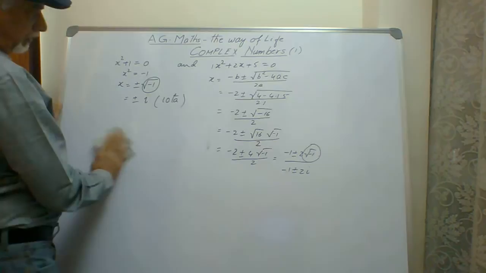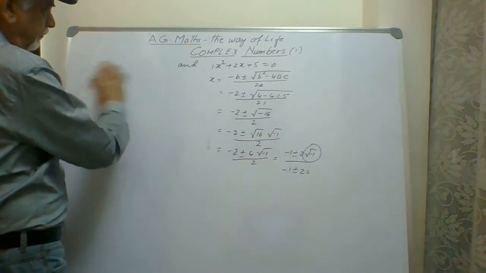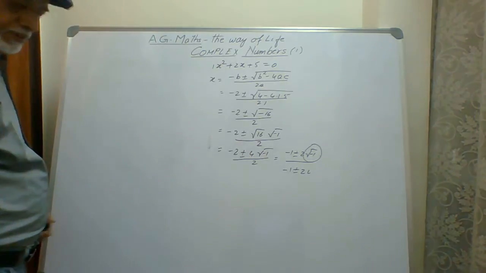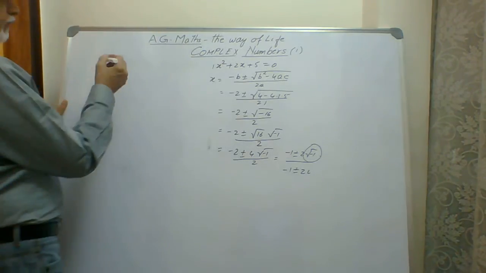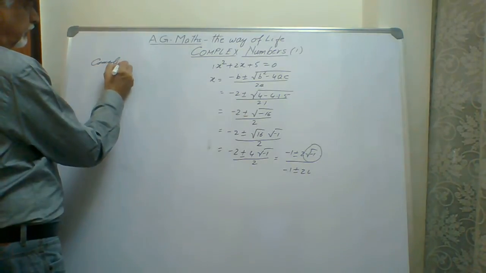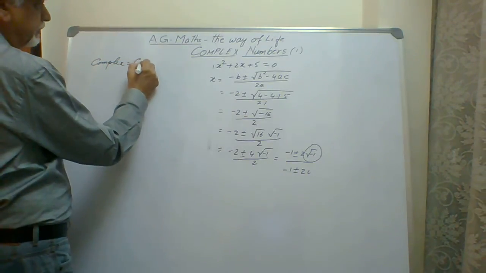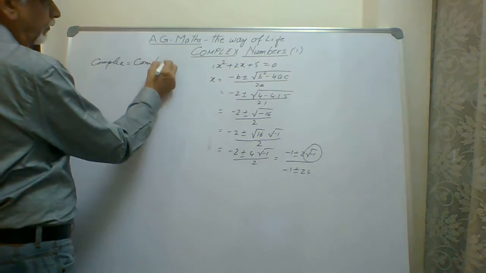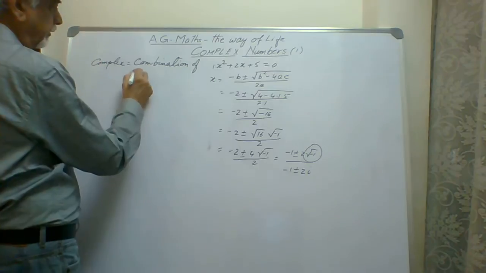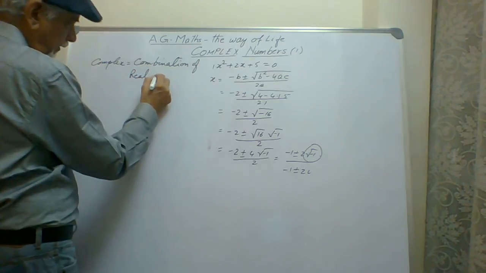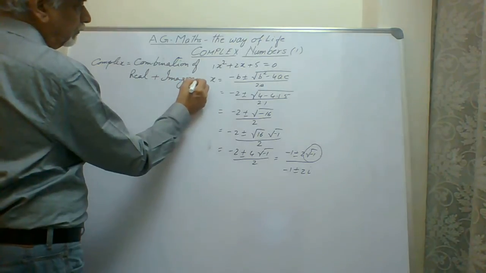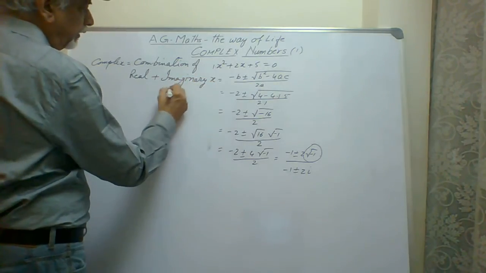Now, coming to complex numbers, we can say it is nothing but a combination of a real and an imaginary number. Complex is a combination of real and imaginary number, right?